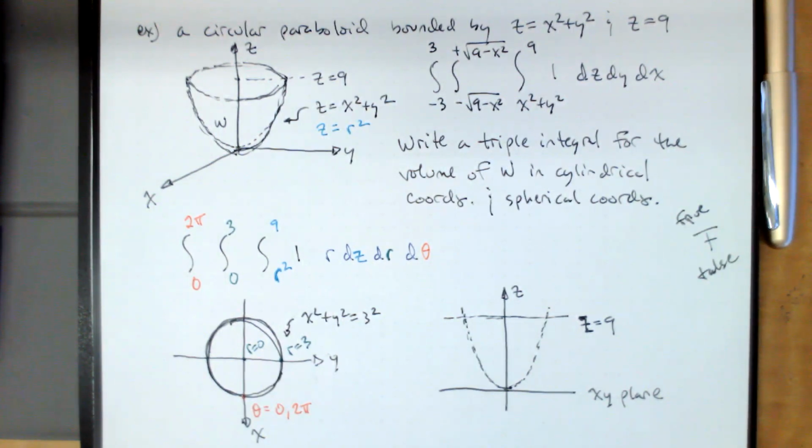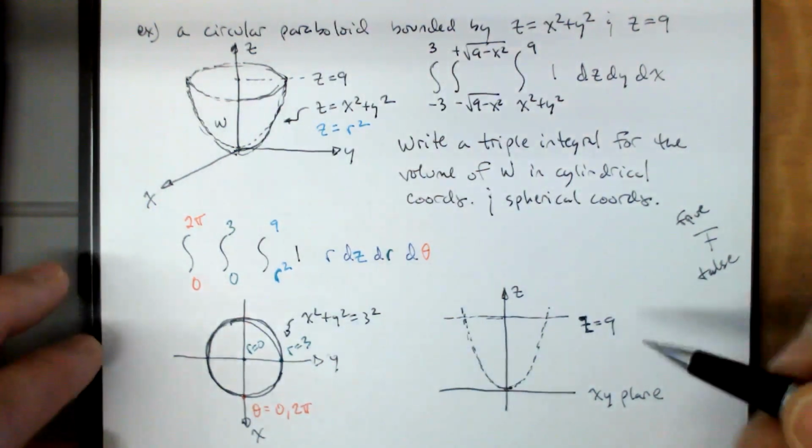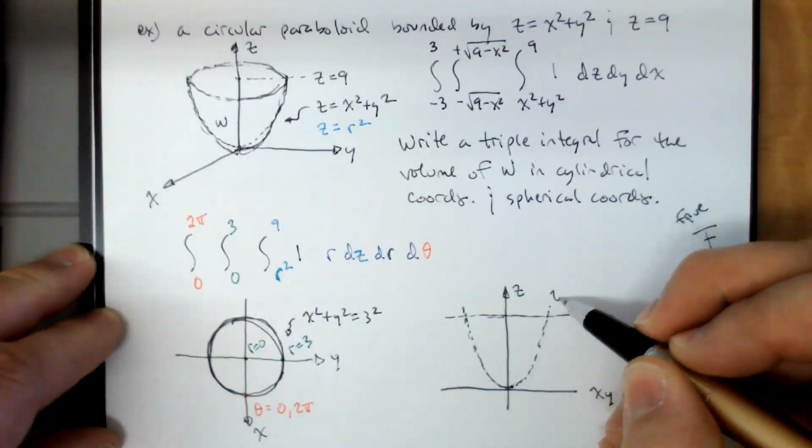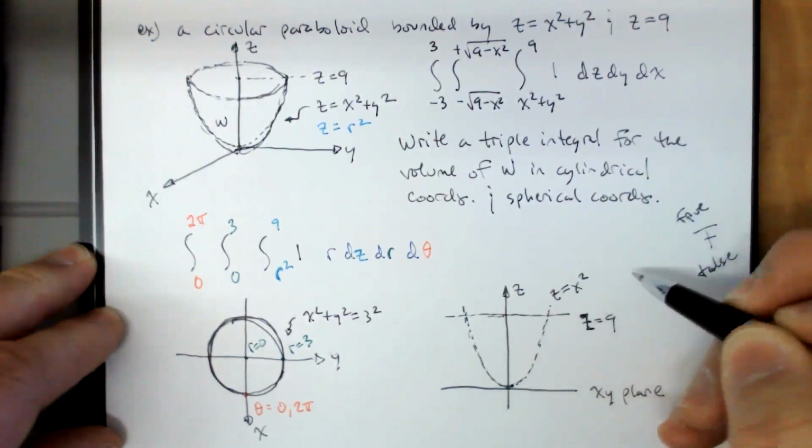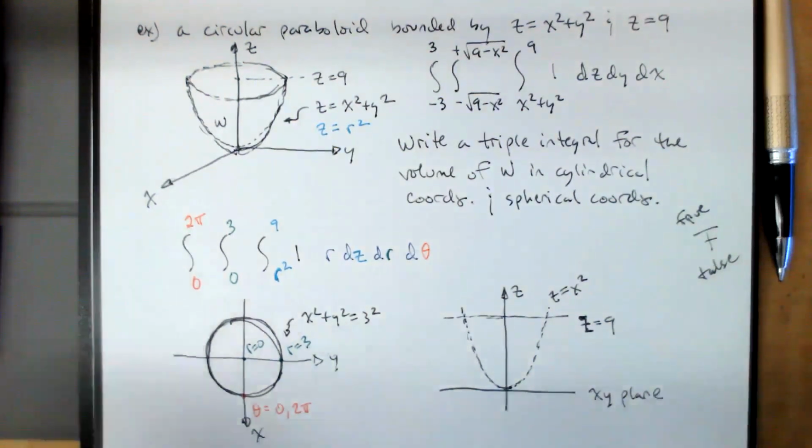What are we talking about? Oh, yes. So if we look at what we're integrating to, we're integrating z equals r squared up to 9. This parabola is z equals x squared plus y squared. Sorry.